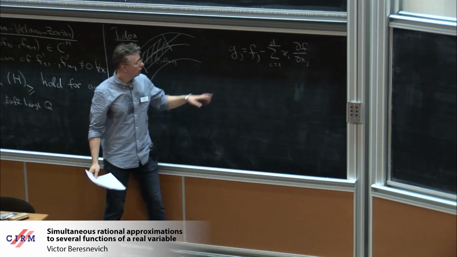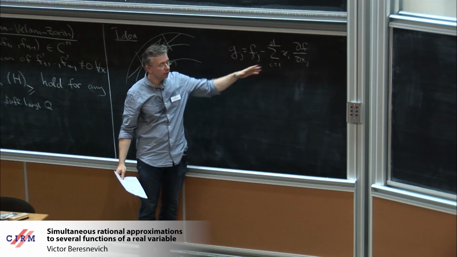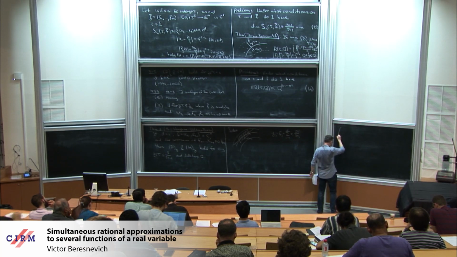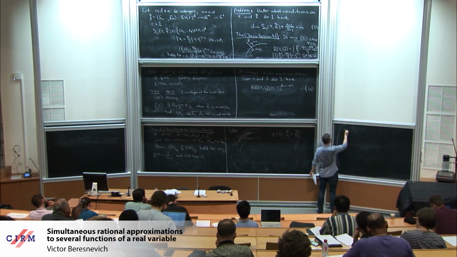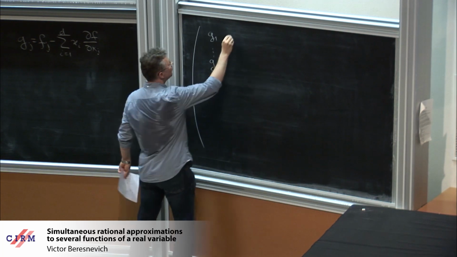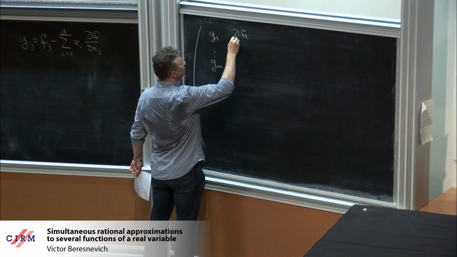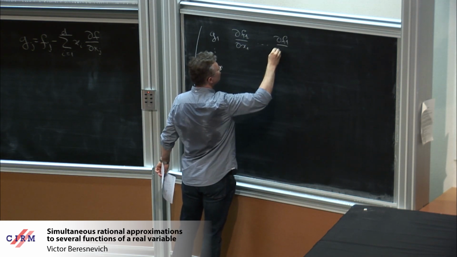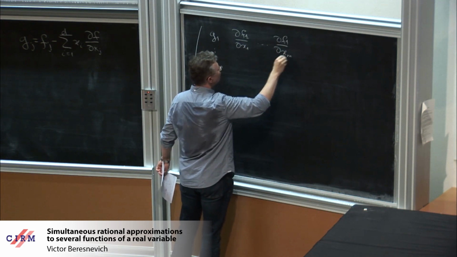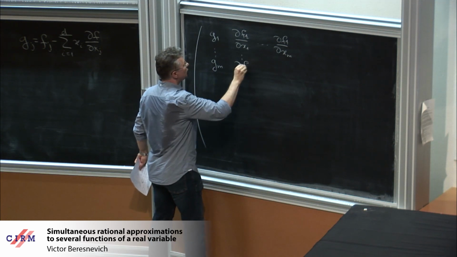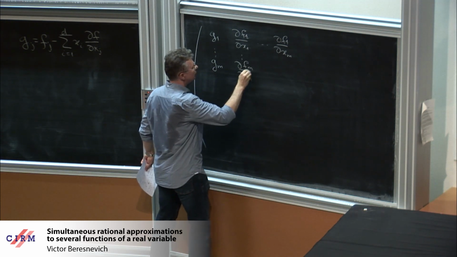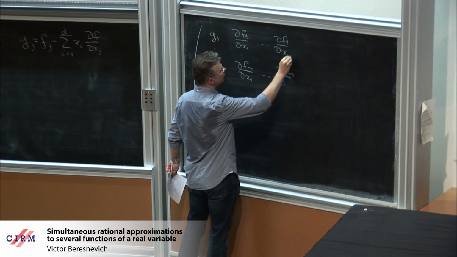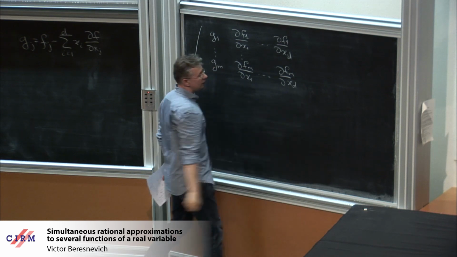So G_j is just f_j minus this correction factor. And my system is defined by the following matrix: G_1 through G_m, with entries df_1/dx_1, df_1/dx_d, and so on down to df_m/dx_1, df_m/dx_d.